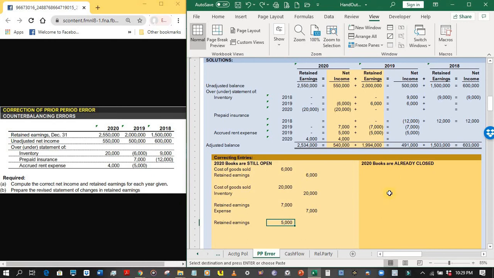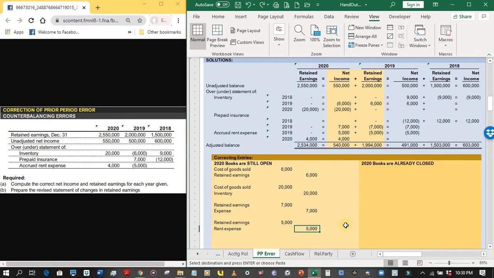And another adjustment would be a credit of 5,000 pesos, which will increase the net income by 5,000 pesos. So by increasing net income for 5,000 pesos, we are going to use a nominal account. And what nominal account is related to accrued rent expense? Of course, that will be rent expense. So that is why the account to be credited in our correcting entry is rent expense for 5,000 pesos. So by crediting rent expense, it will decrease the rent expense, therefore increasing net income.